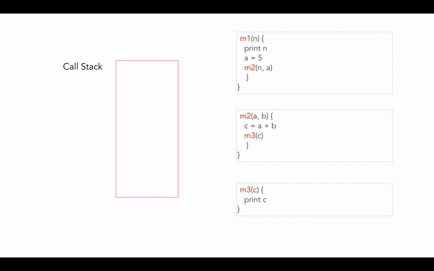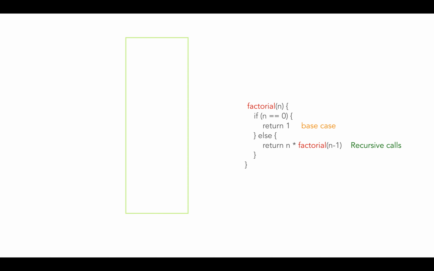Now let's jump back to the example of finding factorial and see how its call stack will be arranged. When we call the factorial method for the first time, let's say for 4, the first call would be for n equals 4, which will perform the multiplication of 4 by factorial of n minus 1, which is factorial of 3. So this first call halts until it finds the value for factorial 3.